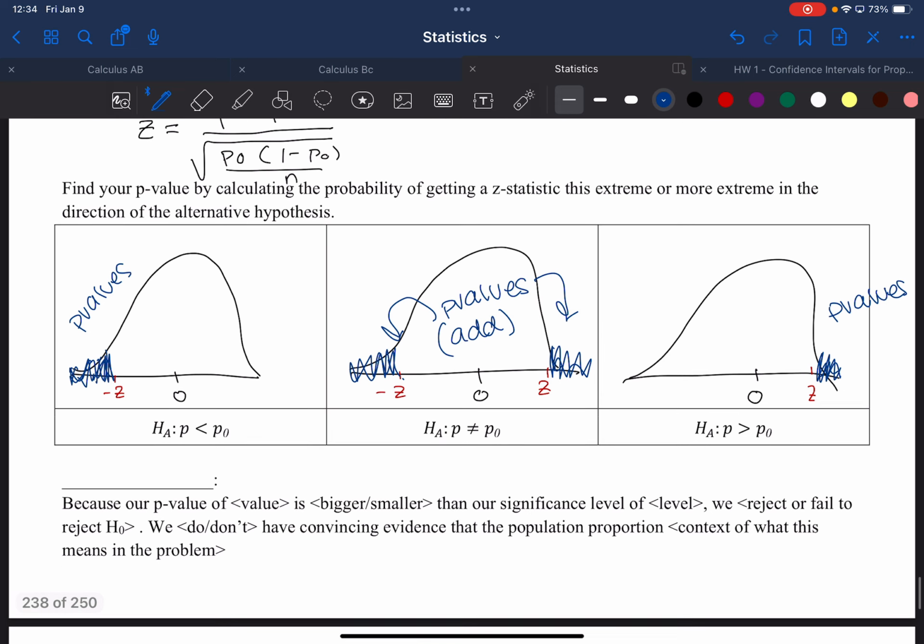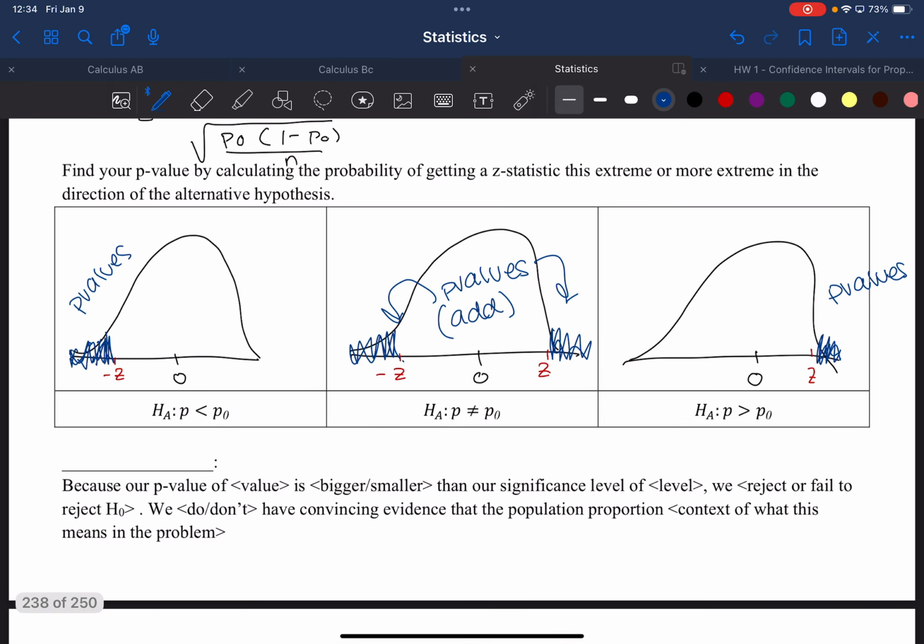And then our very last C was conclude, or conclusion. This gives you a sentence stem on how you would answer that conclusion. Everywhere you see those brackets, or whatever they are, is where you insert your information.